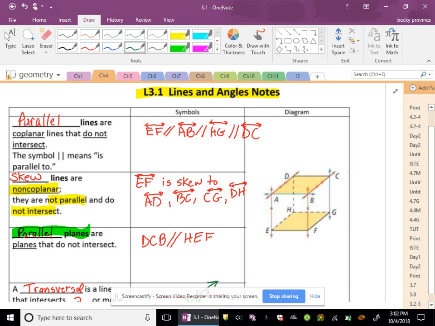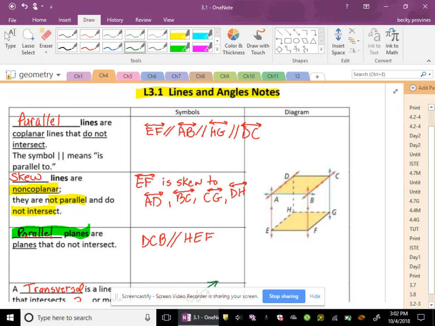If you want to say DAB, or BAD, or CAB, there are many combinations. Just pick 3 letters. I chose DCB. Is parallel, so I wrote the new symbol. And on the bottom, I pick any 3 of the 4 letters. I chose HEF.